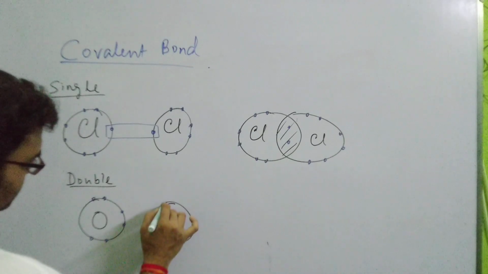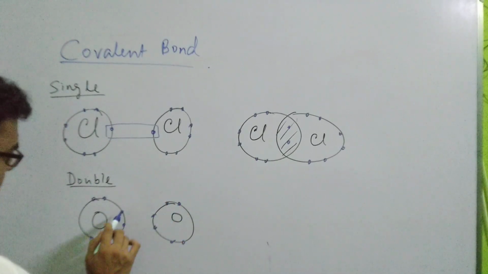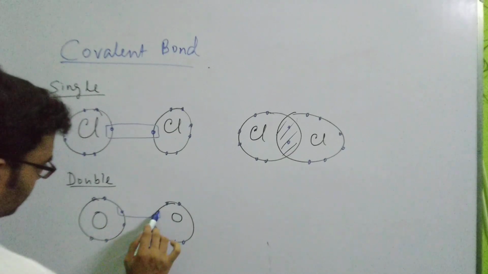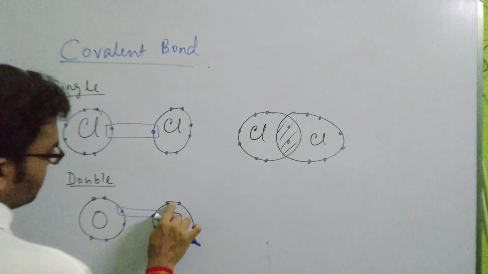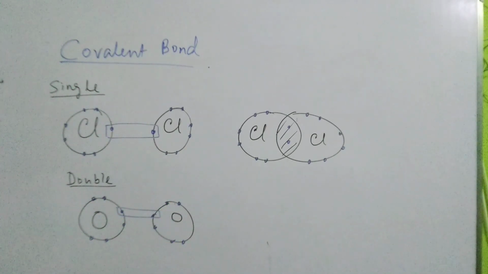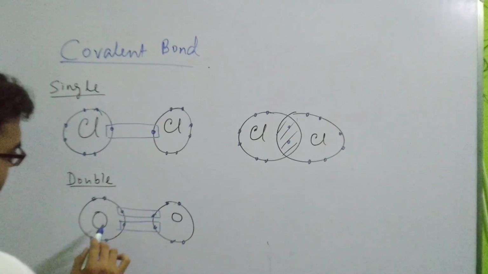Here it has to share 2 pairs of electrons. Why? Because one oxygen atom has only 6 electrons, so it needs 2 further electrons to attain the electronic configuration of the nearest noble gas. So how will it get 2 electrons? If it shares 2 pairs of electrons.